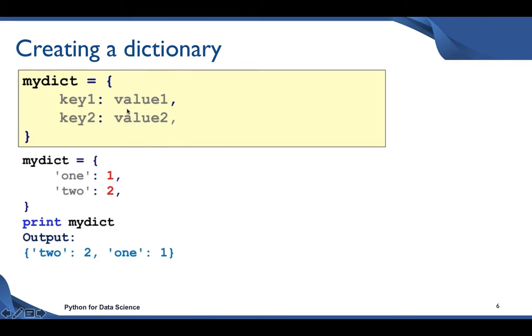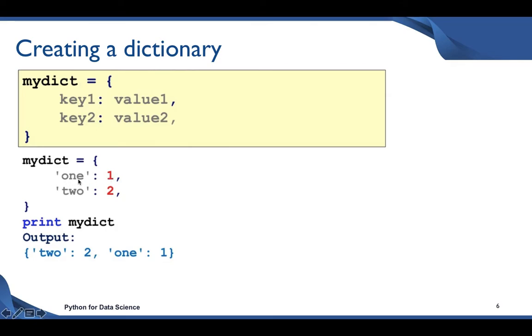A dictionary is created by curly braces, and in the curly braces we have a key, separated by a colon from its value. If we wanted to have multiple keys and multiple values, they could be separated by a comma. In the example, mydict is the name of the dictionary, and it has 1 as a key and 1 as an integer value.